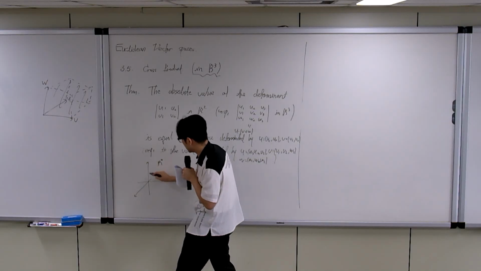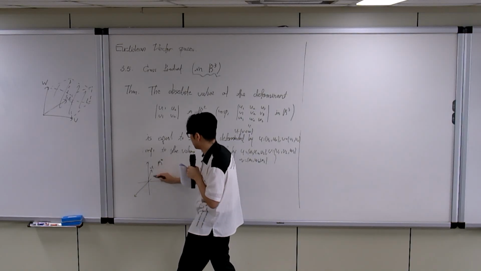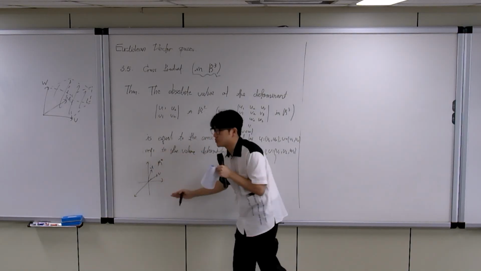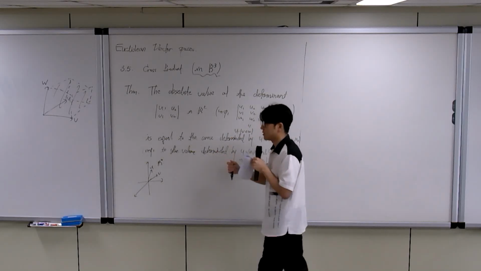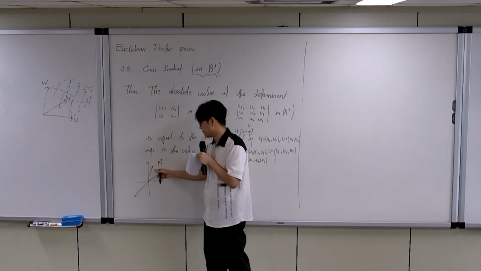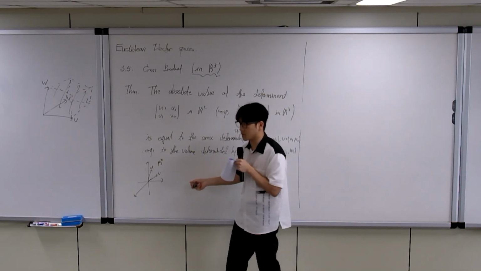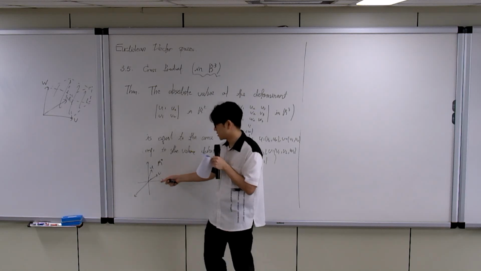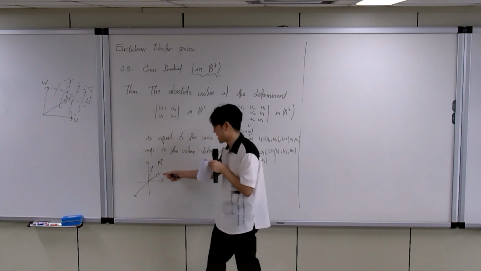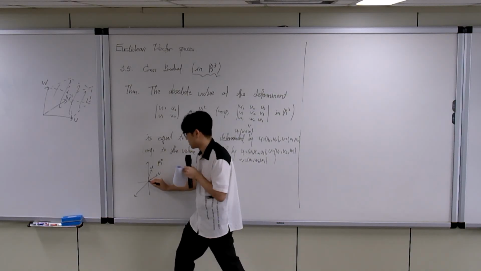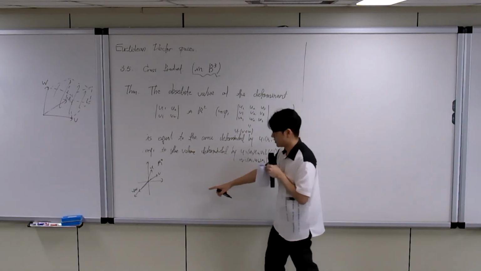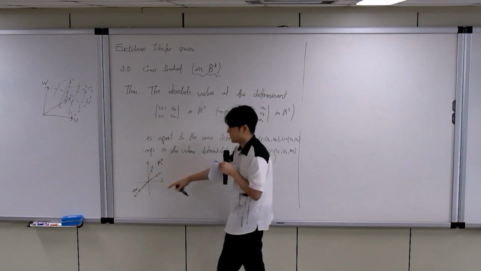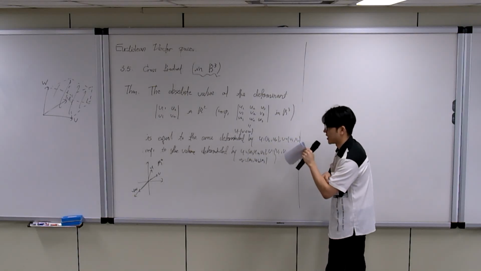I will write the vector u and vector v in the R2 plane. The cross product is orthogonal to vector u, and the cross product is also orthogonal to v. So if you embed into R3, then u cross v will give a vector orthogonal to the plane R2.